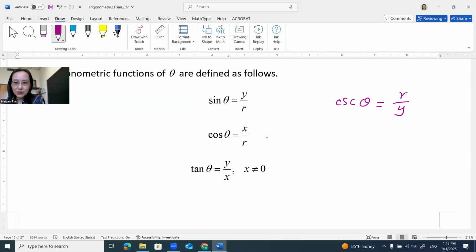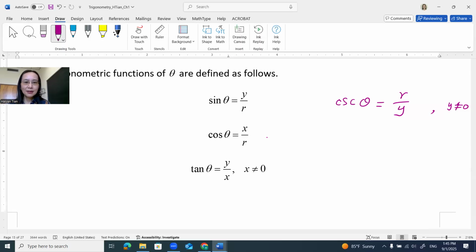Suppose y is not 0, because sometimes the point on the terminal side is on the x-axis and y can be 0. In that case, cosecant is undefined. We can never define this ratio if y is 0, so you never divide by 0.